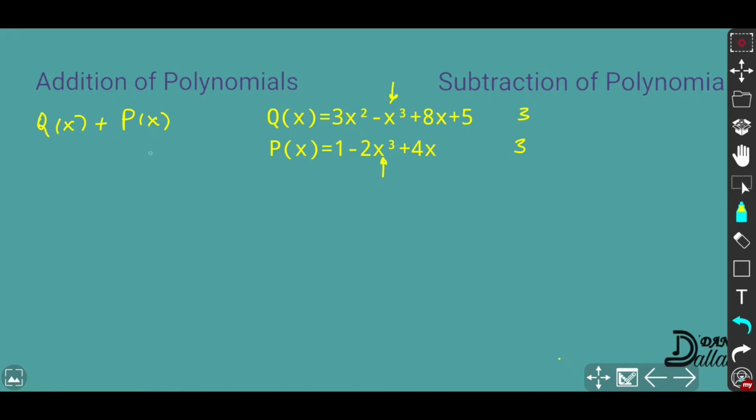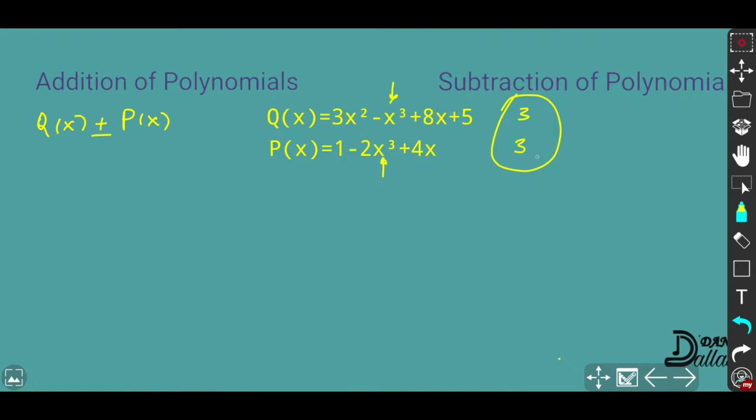If you add or subtract polynomials, no matter which sign you use, you will always get the resulting polynomial with the same maximum power of those two, because they're all equivalent to each other.